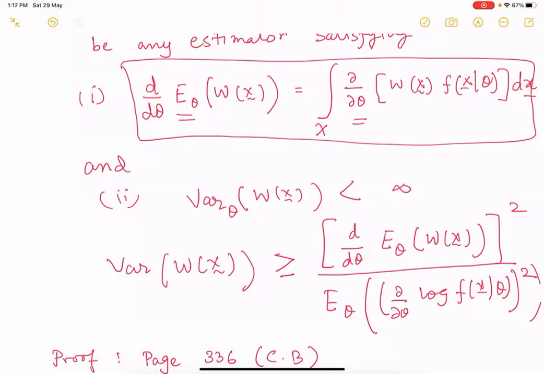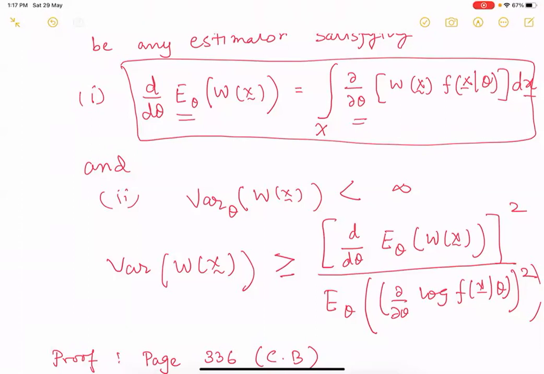Differentiation is always on the parameter space, and integration is on the chi space, that is, on the space of the random variables. But the order is different. So that means in which order you do it is not going to affect my result. That is the only thing it's talking about.